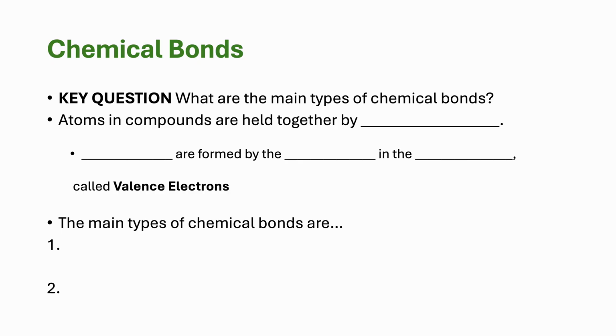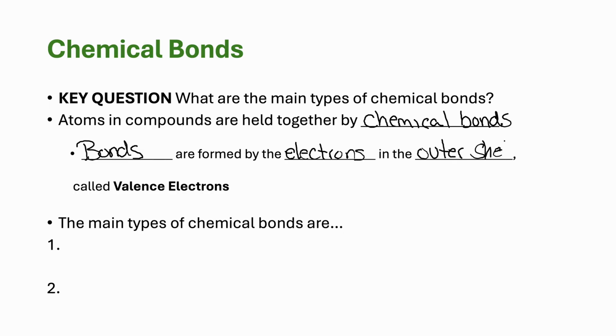So let's talk about our next key question: what are the main types of chemical bonds? Atoms and compounds are held together by chemical bonds. The forces holding these two atoms together are formed by the electrons, more particularly, the electrons found in the outer shell of the atom.